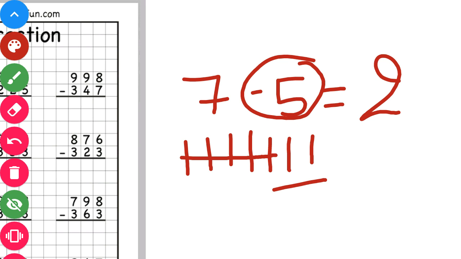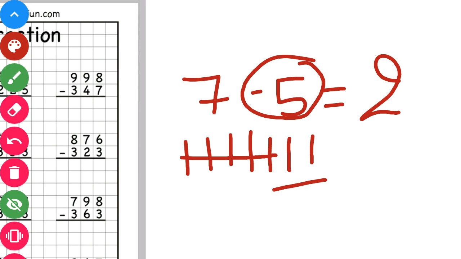So, kids, in this question, tell me which number is minuend, which is subtrahend, and which is difference. I have just told you that in the number sentence of subtraction, the greater number is minuend.